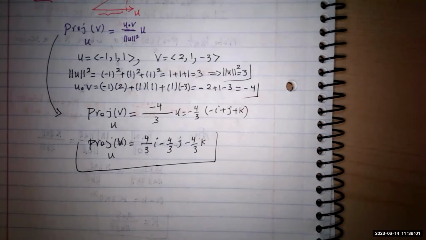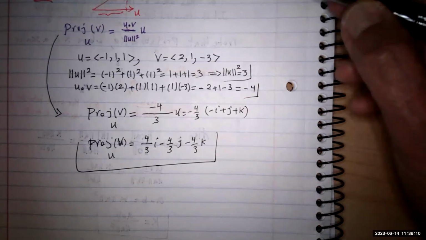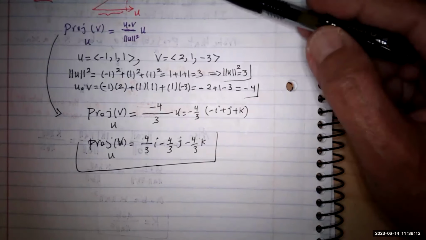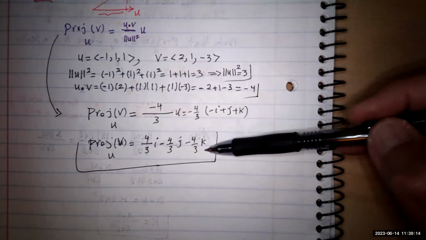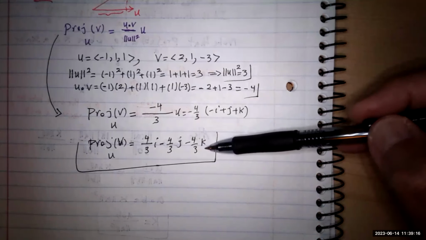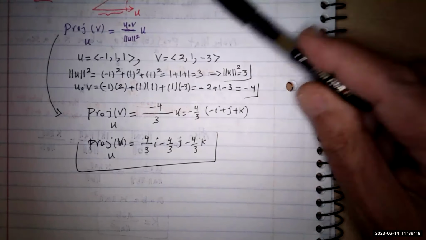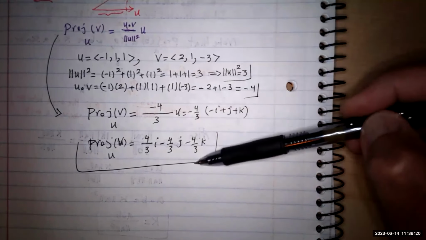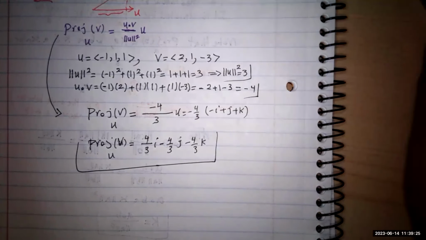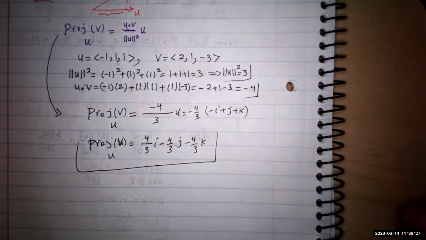The form in which you write the final answer is not important, but if the vectors are given to you in IJK form, you usually give the result in IJK form. You'll just produce it in the given form. Not a big deal, but this is the way we do it.